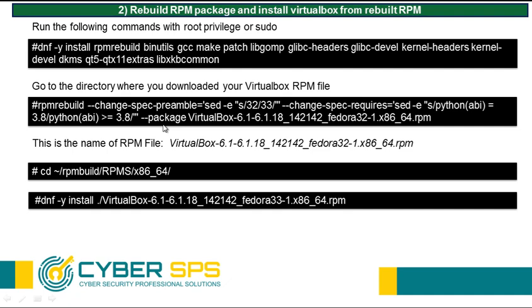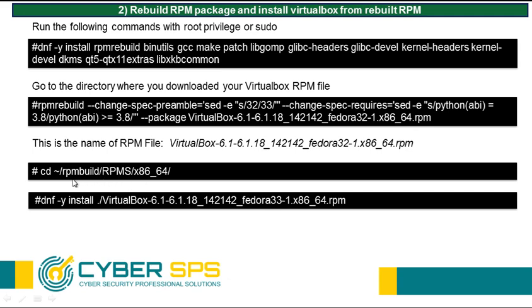Then after you have done that, of course this is the name of the package. If for instance the new version of this package is available, you have to rename it or use a proper name here for your package. Then you need to go to where this rebuild happened.